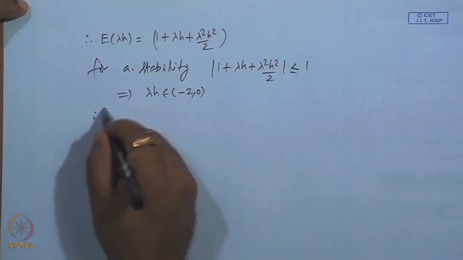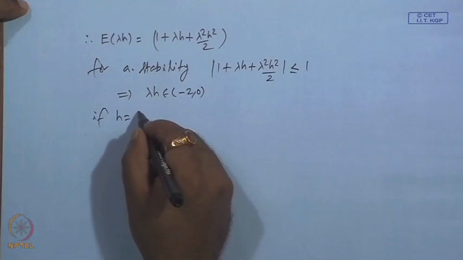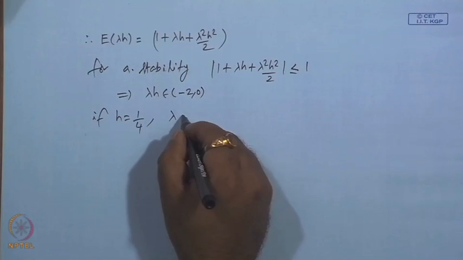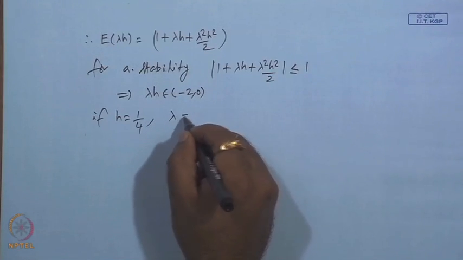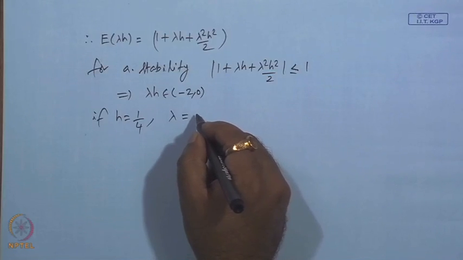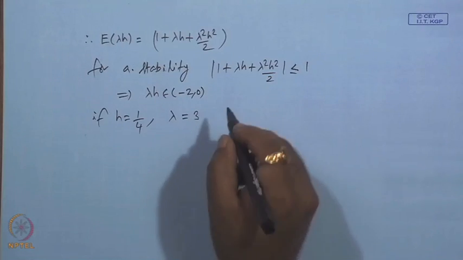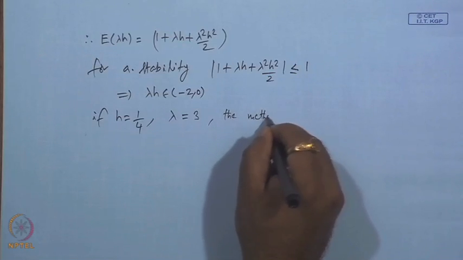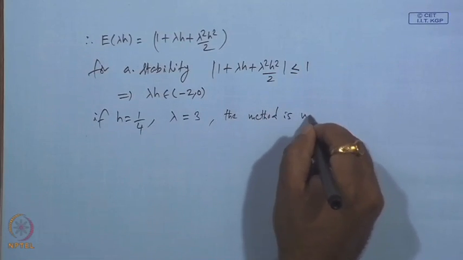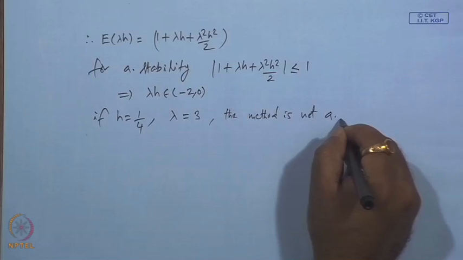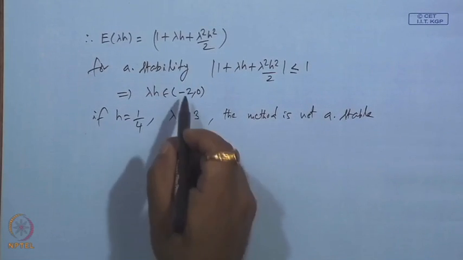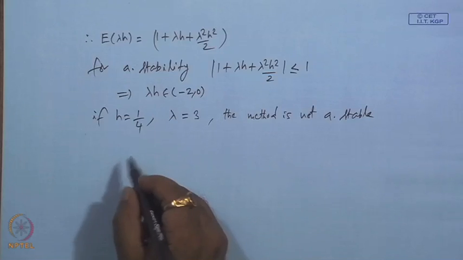So, that means, if say h is 1/4 and lambda equals to say 3, the method is not absolutely stable, because it is not in minus 2, 0, right.